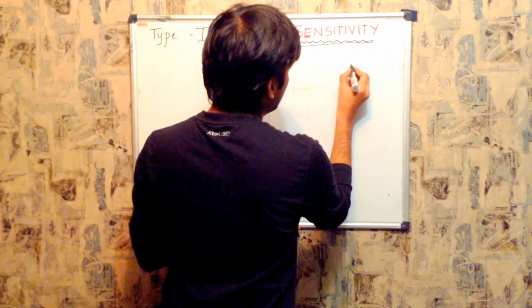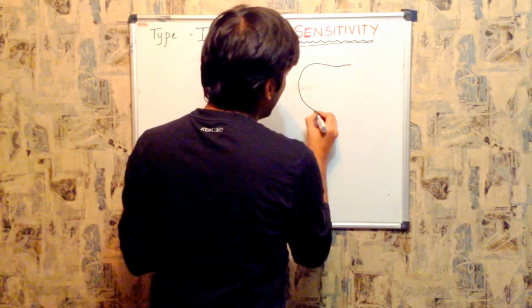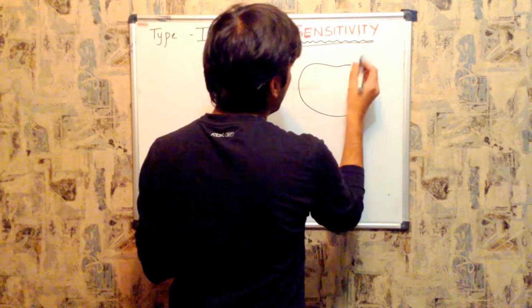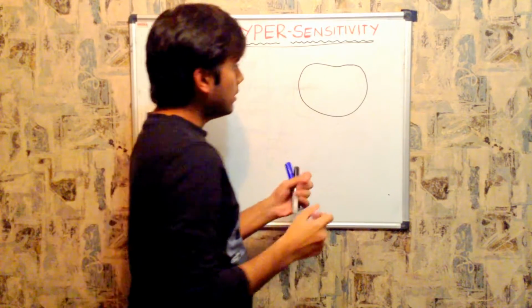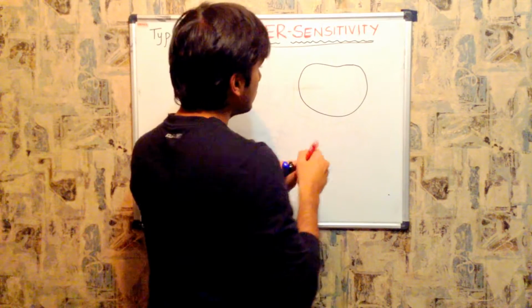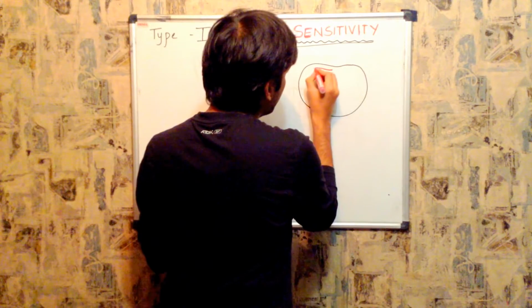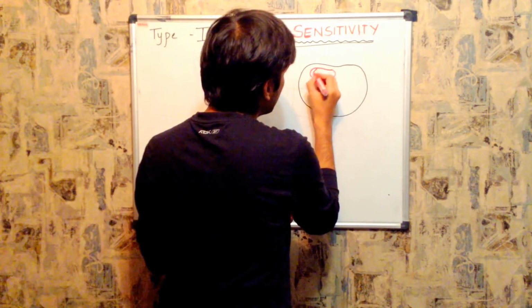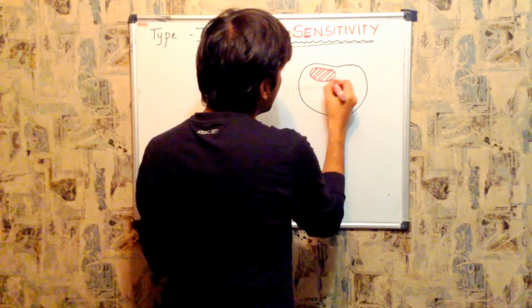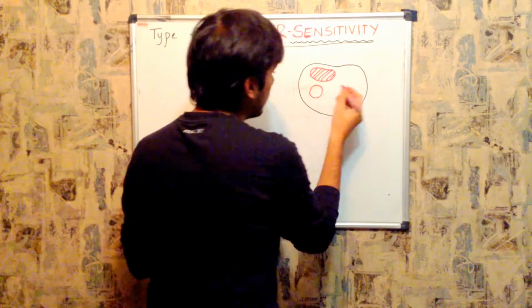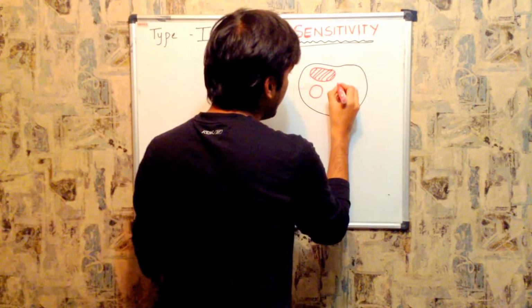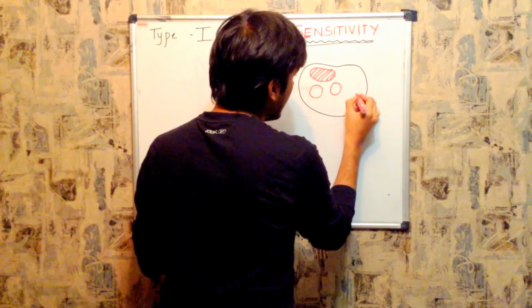You know, the structures that are present within the mast cell. When you take this as your mast cell, it contains a nucleus. It also contains some granules, or you can say vesicles with granules embedded inside.